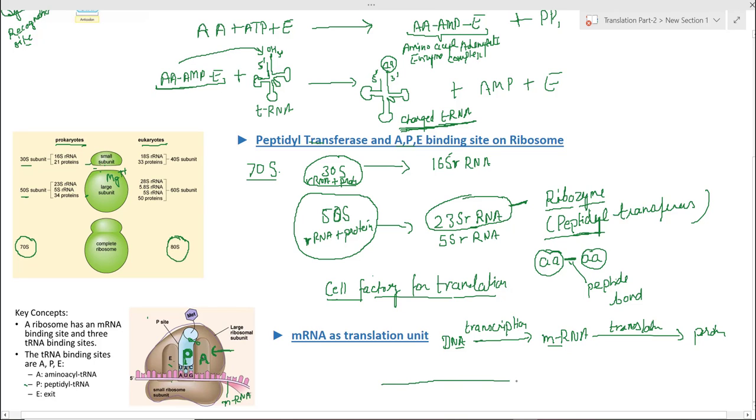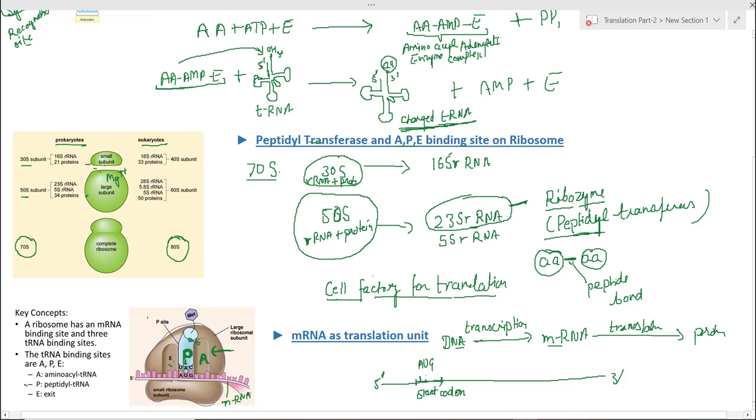This mRNA is the functional unit of translation, and it has a 5' and 3' end. It is flanked by the start codon. And what will be the start codon? That will be AUG.